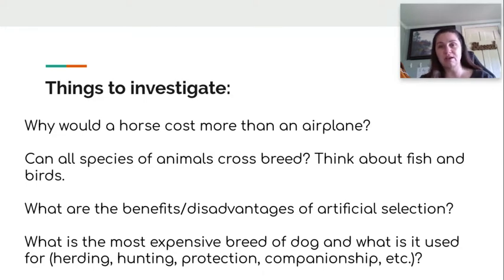Almost all dogs have a purpose of some sort, whether that be herding or hunting or protection or companionship. But what is the most expensive breed of dog and what is it used for? Or why are they bred? Hopefully this piques your curiosity a little bit to go and investigate these things a bit more.